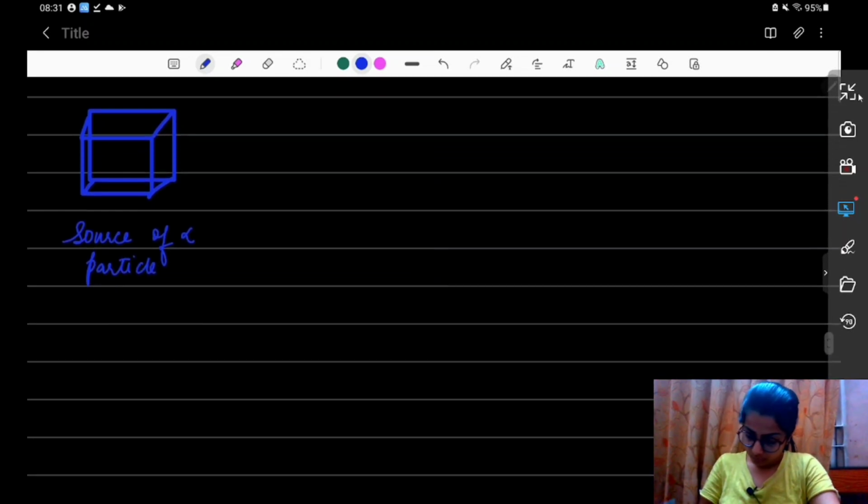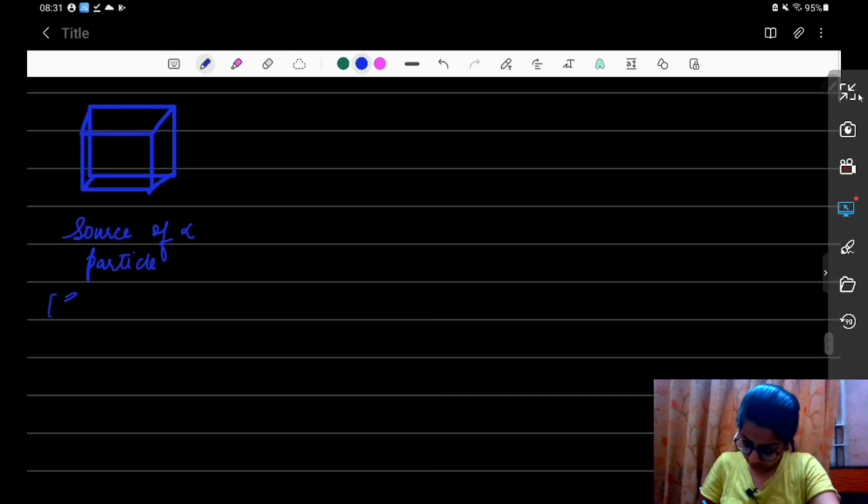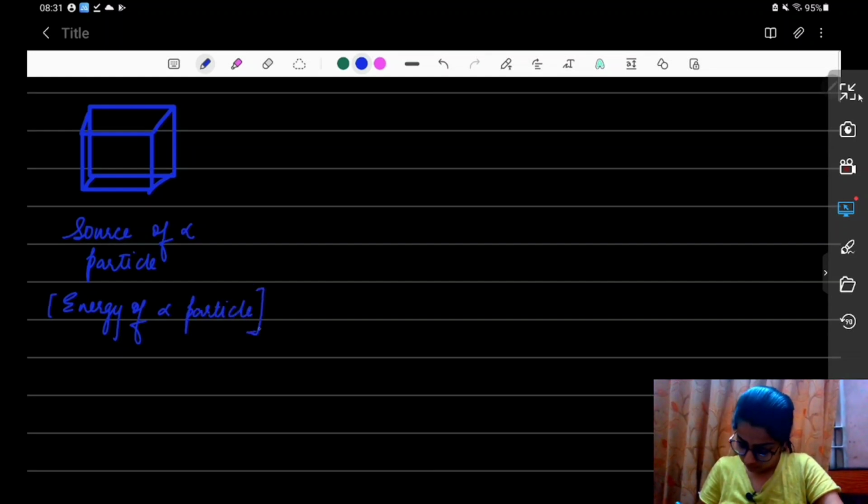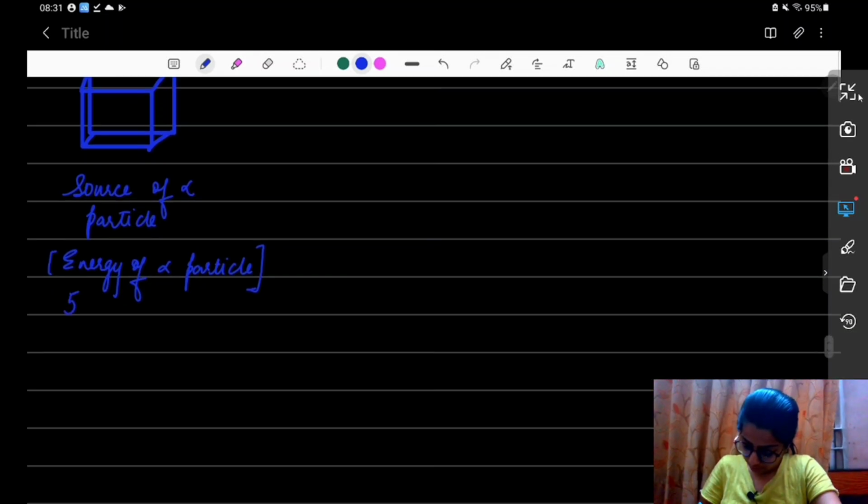This source has alpha particle energy in the range of 5 mega electron volt to 7.7 mega electron volt. Electron volt means 1.6 into 10 raised to power minus 19 joule, and mega means 10 raised to 6. So this was the source from which alpha particles emit out.